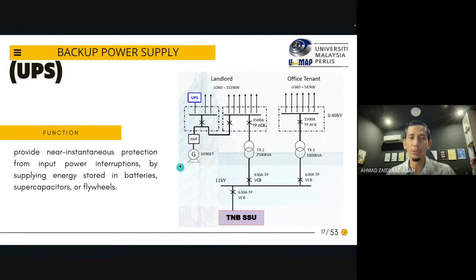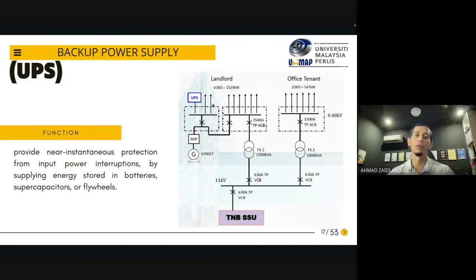The genset must be connected before the outgoing, so we have another supply here, parallel with the transformer. The transformer is from the grid or from TNB, and this one is from the genset. All of this goes to the load, but UPS is different.